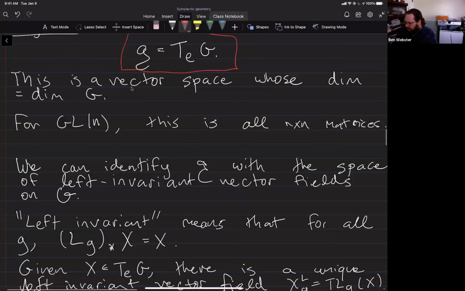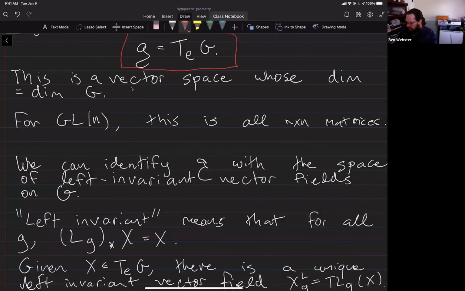All right, but there's another really important perspective on the Lie algebra, which is that I can also think of it as the space of left invariant vector fields on G. Left invariant vector field means that for any group element, when I push forward by left translation, I get back the same vector field for all g.